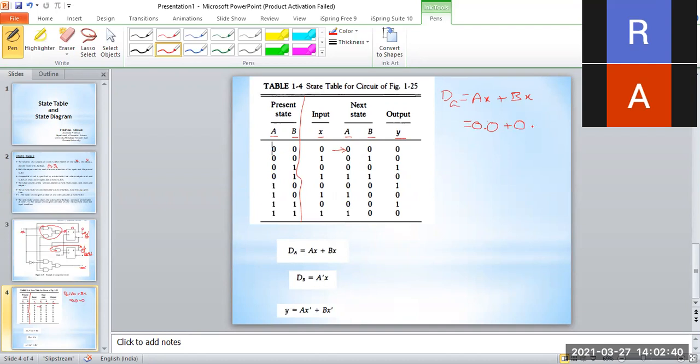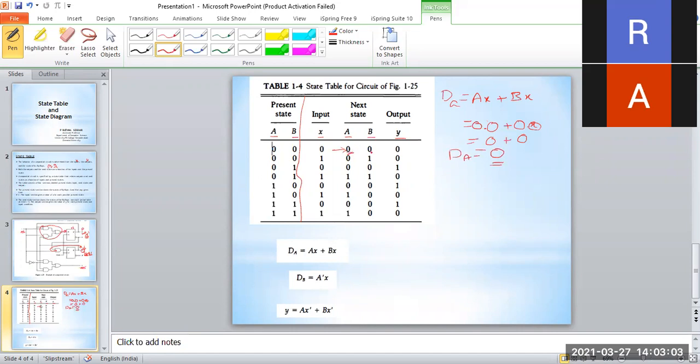X into X. Now what will be the dA? 0 into 0 is 0 plus 0 into 0 is 0. So finally dA is equal to 0. So that is what we got here, right? The next stage of A is 0.